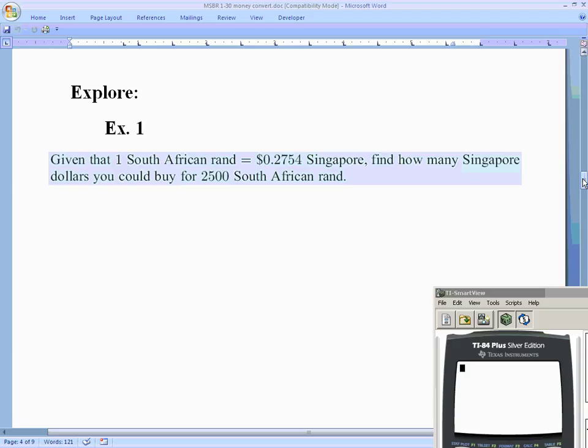African is obviously using a currency known as rand, and Singapore is using a variation of the dollar. Well, we know that 1 South African rand is equal to 0.2754 dollars. They go together, so I've put them together in a single ratio or fraction. Now I'm going to set this equal.